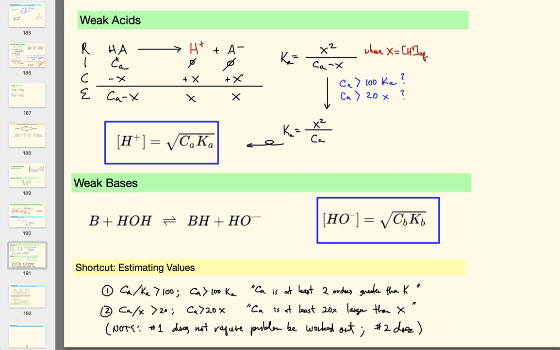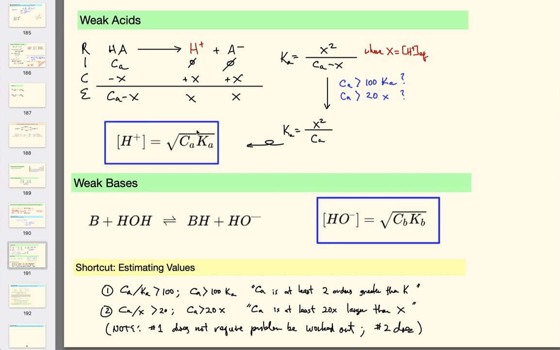Okay. So if HA breaks down, how many H pluses are you going to get for every X that breaks down? Well, you're going to get positive X. And how many A minuses are you going to get? Positive X. So we now know 0 plus X is X, and 0 plus X is X. And now you have, thank goodness, equilibrium concentrations here, at least a representation of those.